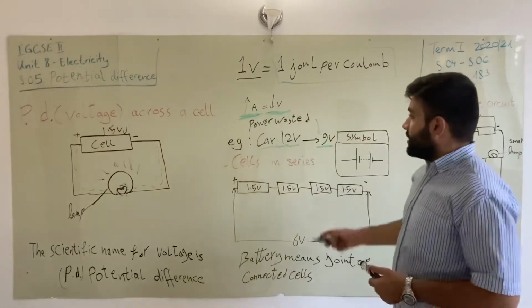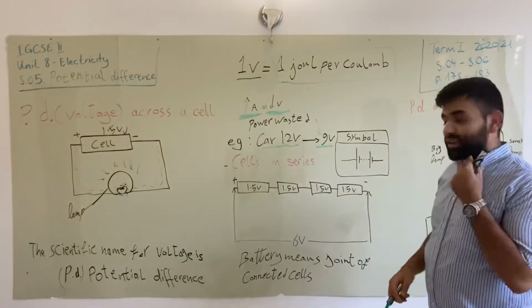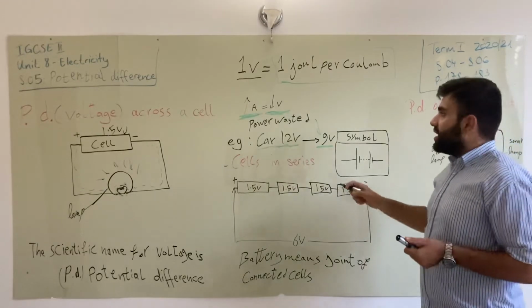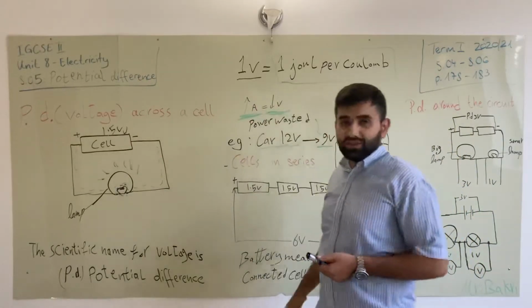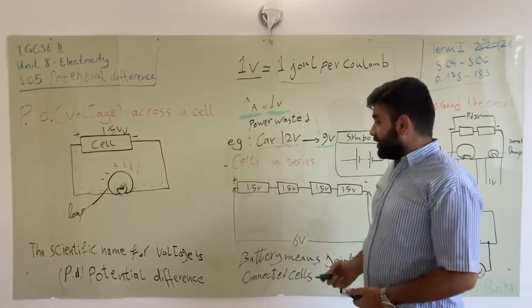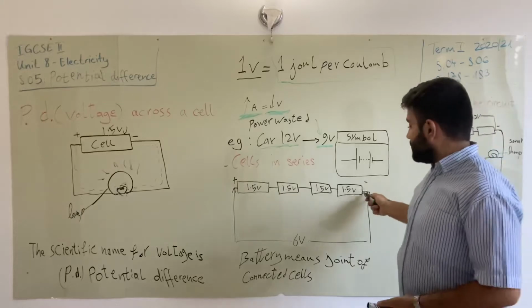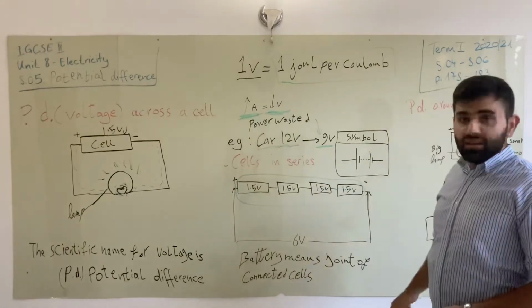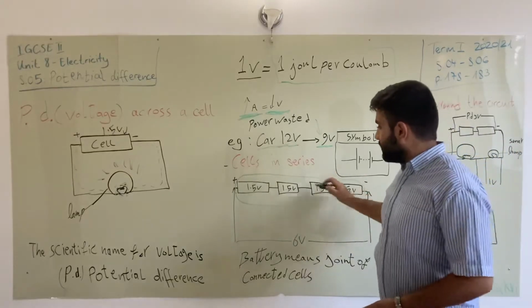Now we move on to cells in series. How are we going to do it if I have just a cell that is 1.05 volt, but I need 12 volt, for example, or even 6 volt? So it is actually the battery. It means a joint of connected cells. Every cell is 1.05 volt.